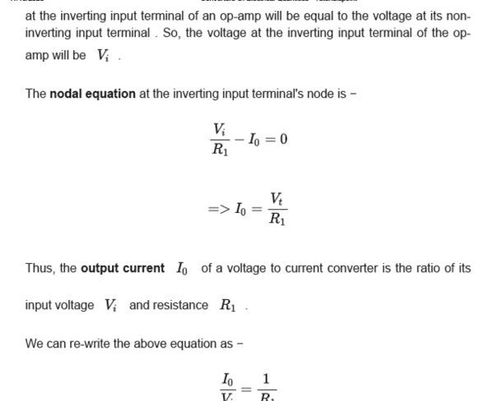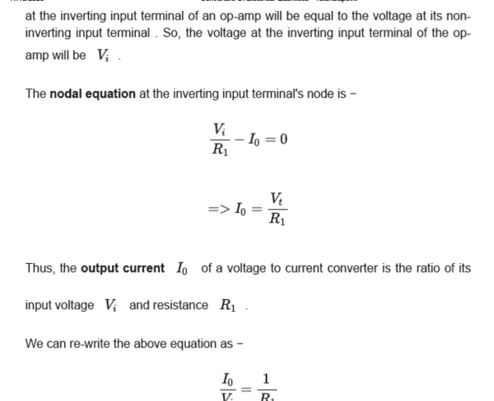Now the voltage at the inverting input terminal of an OPAMP will be equal to the voltage at its non-inverting input terminal. So the voltage at the inverting input terminal of the OPAMP will be Vi.